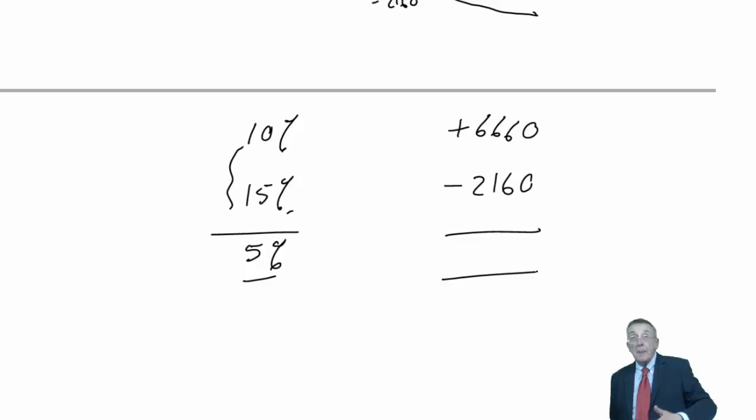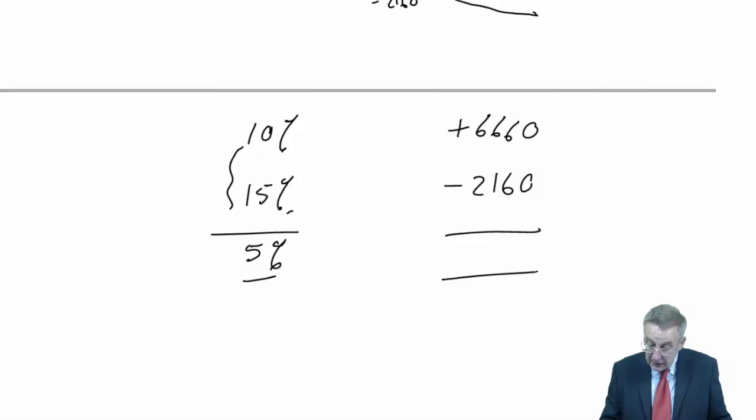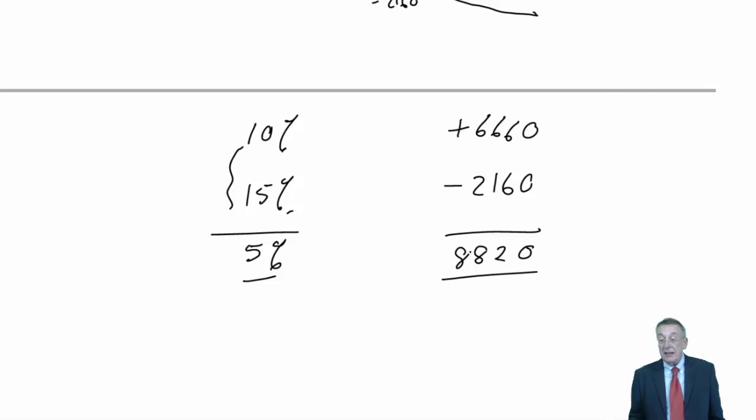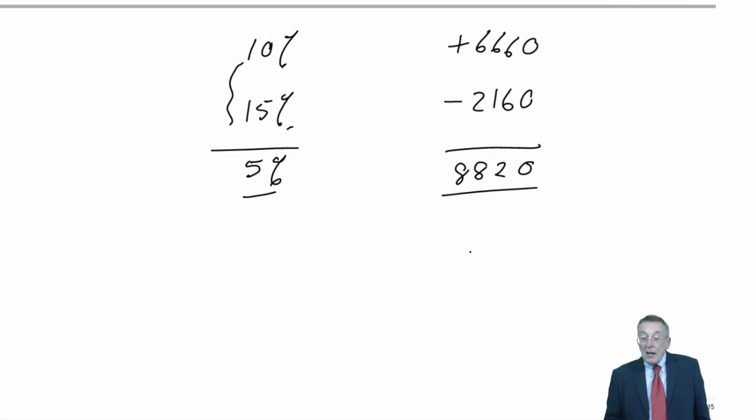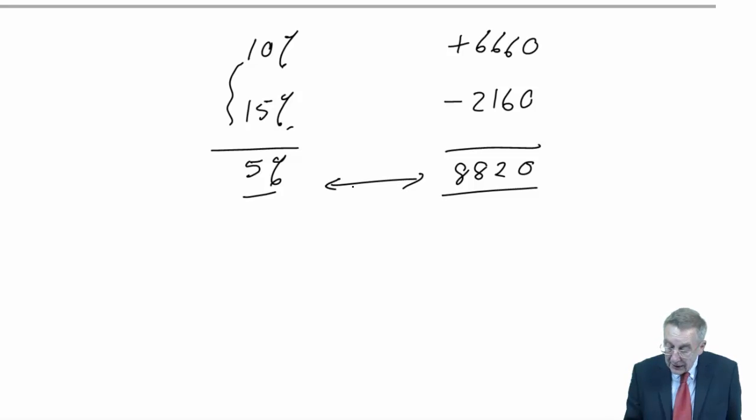So it's fallen by a total of 8,820. A fall of 8,820 is equivalent, we say, to 5 percentages.